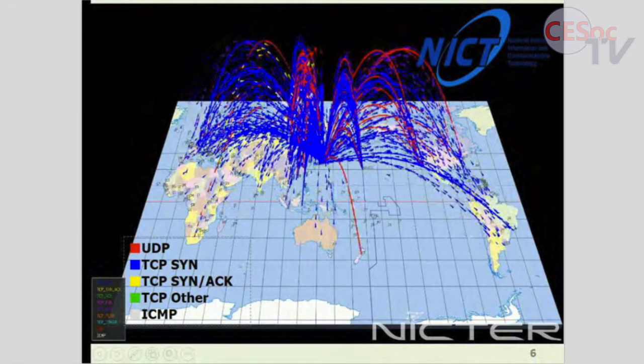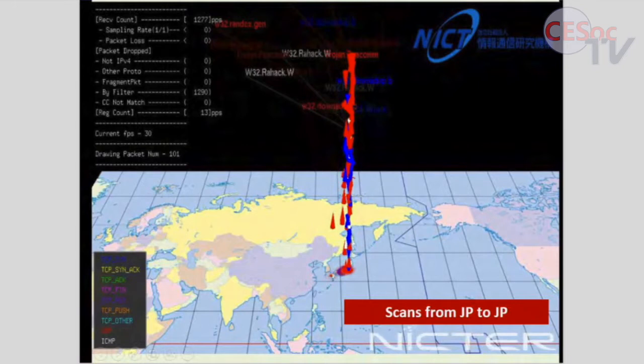In Japan, as in many other countries, we have 300,000 darknet IP addresses. This is real time. We get a lot of TCP/SYN, and the red ones are UDP, etc. In this case, we received many packets coming from outside.